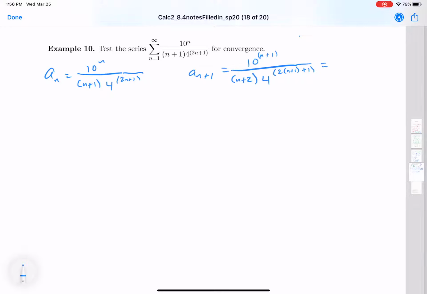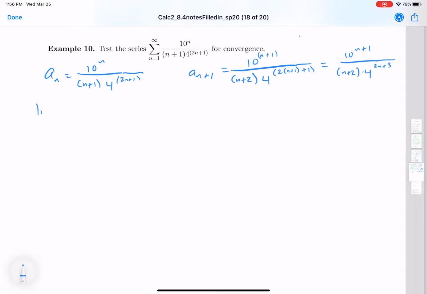Okay, that's going to simplify out to 10 to the n plus 1 over n plus 2 times 4 raised to the 2n plus 3.